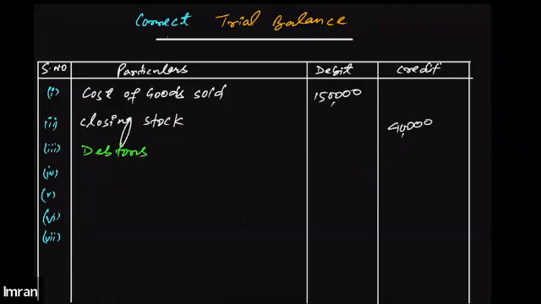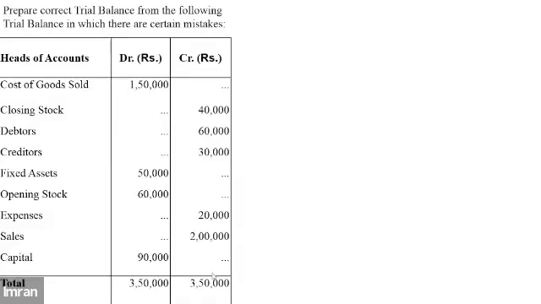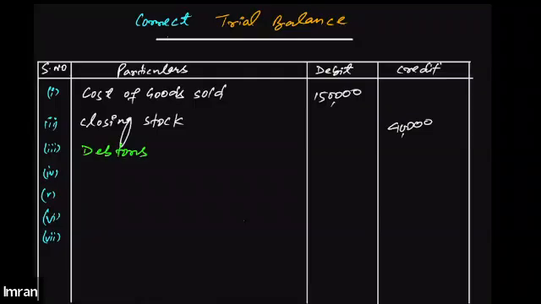And assets should have been recorded on the debit side. Is that right? And in the already given trial balance, it is shown on the credit side. That means there is a mistake. We need to record that on the debit column of the trial balance. Is that clear, everybody? Is it clear? Yes or no? Yes, sir.